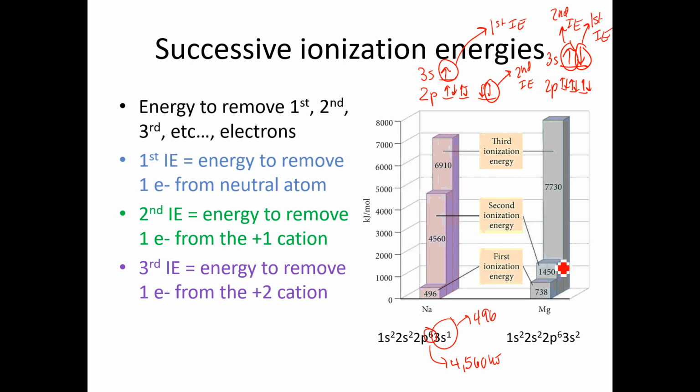So notice how magnesium's second ionization energy is much smaller than sodium's, because magnesium's second electron is still coming from the third shell, whereas sodium's second electron is now being taken from the second shell. So when you drop down to a lower shell, those lower shell electrons become much harder to remove from the atom, because they're more attracted to the nucleus.